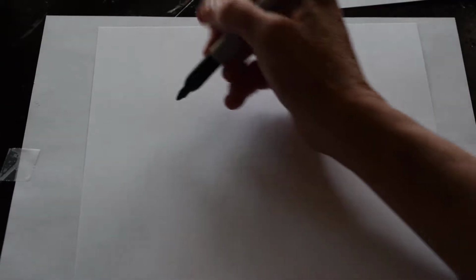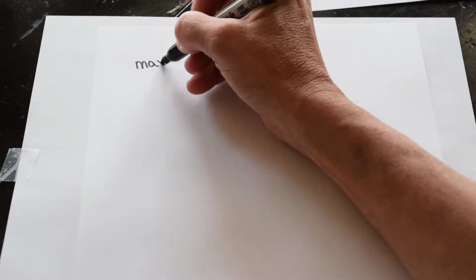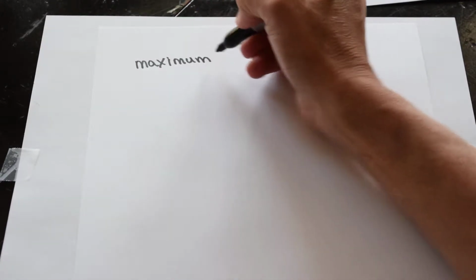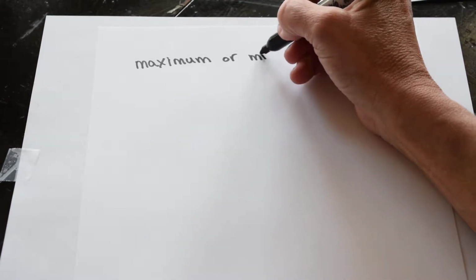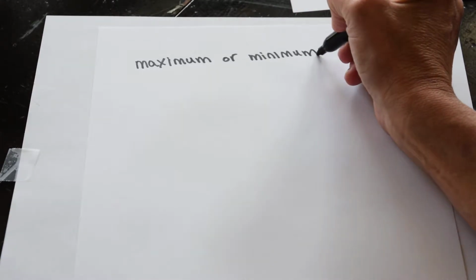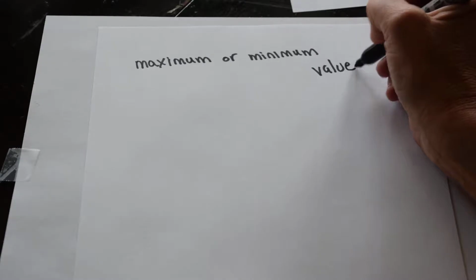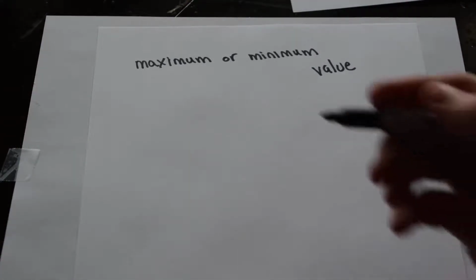And one last thing that people get a little bit confused about, before we get into the four types, is this thing called a maximum and a minimum value. People, for some reason, have a really hard time twisting this in their brains.